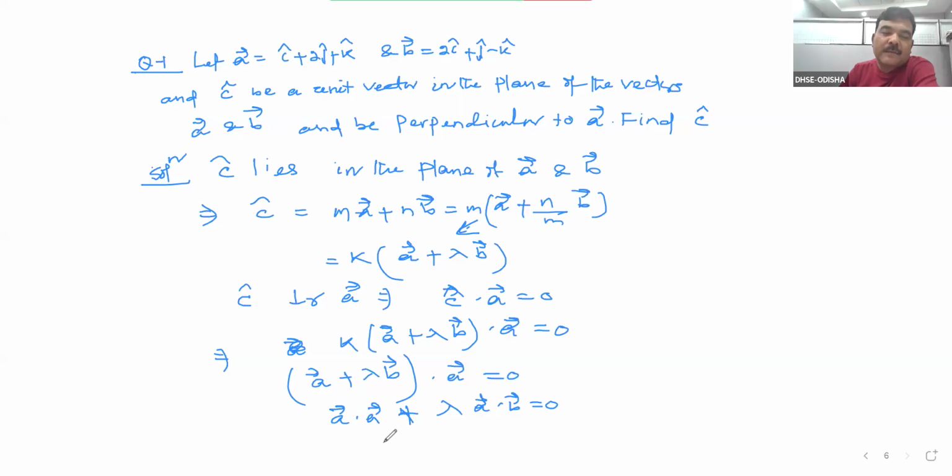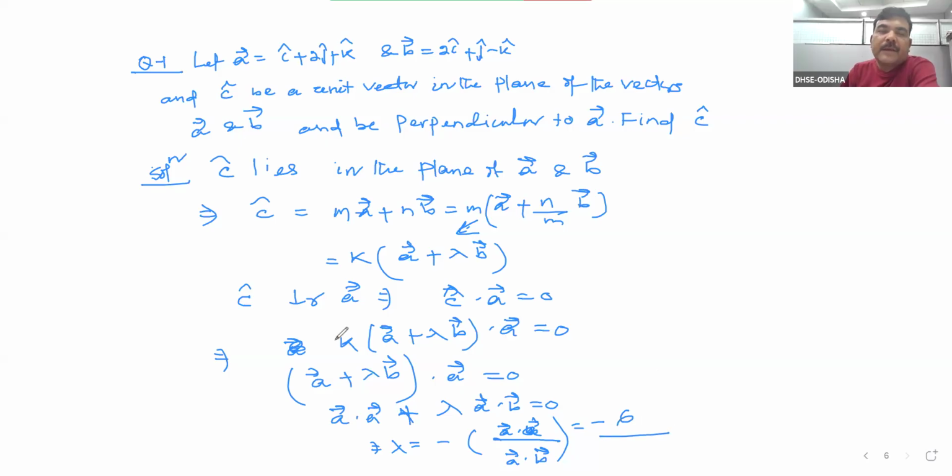So lambda is equal to minus of A dot A upon A dot B, that is A mod square upon A dot B. What is vector A? Vector A is equal to I cap plus 2j cap plus 4k cap. So the magnitude of vector A is under root 1 plus 4 plus 1, that is root 6, and its square will be 6.